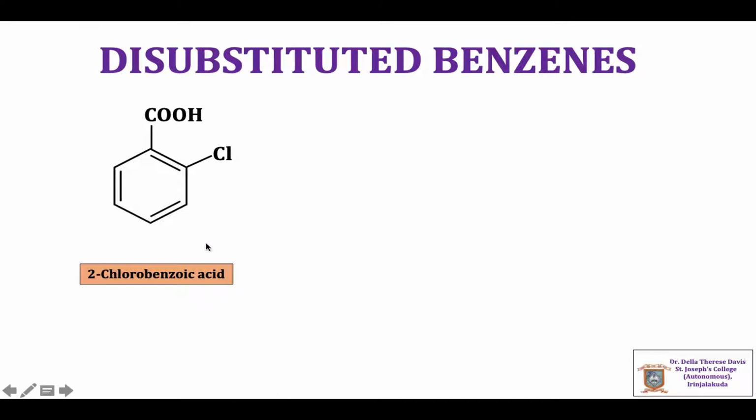So considering this molecule, benzene substituted with a COOH group is called benzoic acid, and benzoic acid is a name accepted by IUPAC.